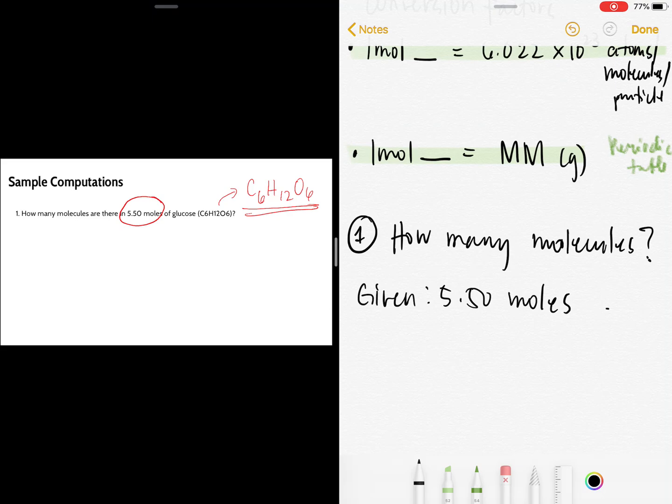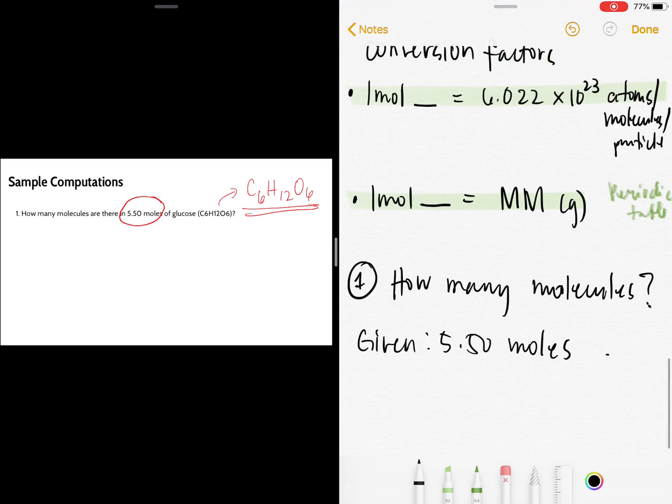Ano ang gagawin mong next step? Ang gagawin mo is tingnan mo yung conversion factor natin. So, by the way, class, ha, itong mol na ito, it's the shortcut for mole. Parehas lang po iyan, ha? Shortcut lang po iyan. Now, tingnan mo yung units na binigay sa'yo at yung hinahanap sa'yo.